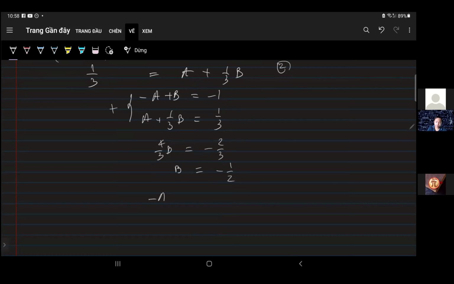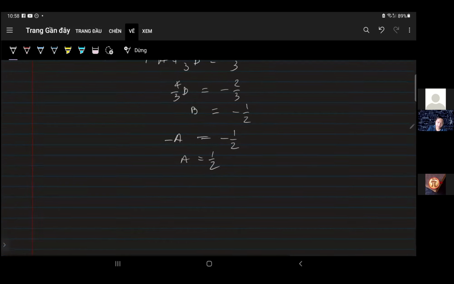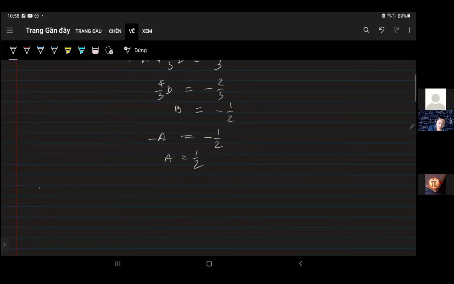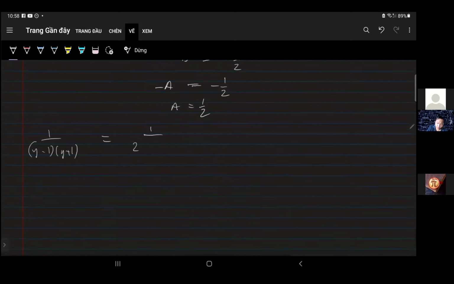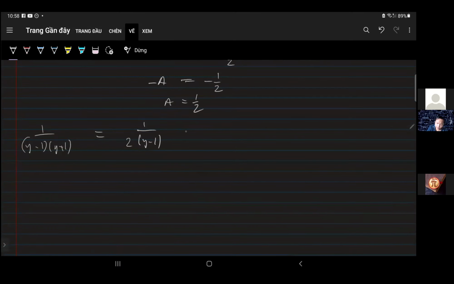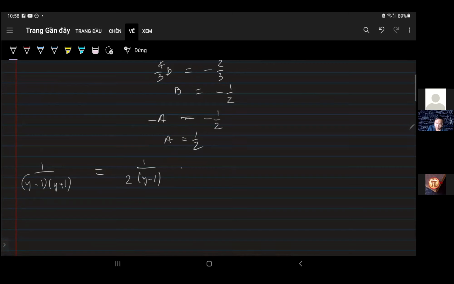So negative a equal to negative 1/2, and a equal to 1/2. So I'm done. So 1 over (y minus 1)(y plus 1) equals 1/2 times 1 over (y minus 1) minus 1/2 times 1 over (y plus 1).